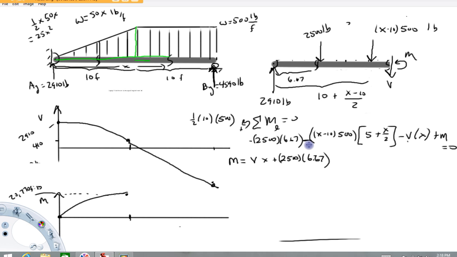Then we're going to have to add all of this to the right, I guess. So how about we do this: plus (x minus 10) times this term, which is going to be 5 plus x over 2, again times 500. I think I have everything equals 0.